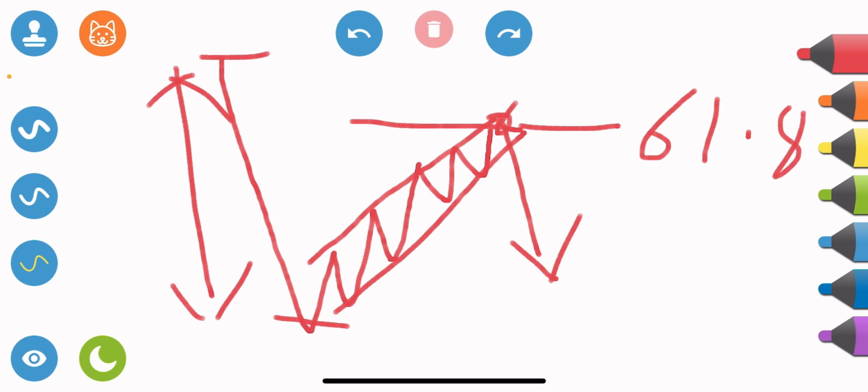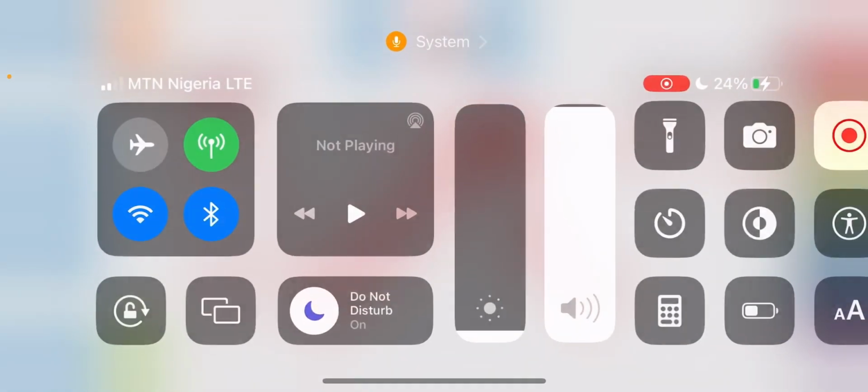Or we can wait for a candlestick pattern formation. If a candlestick pattern forms, probably engulfing, hammer, inverted hammer, any of them, and it forms on this level 61.8, then we can take the sell. So that's what I did in my analysis.